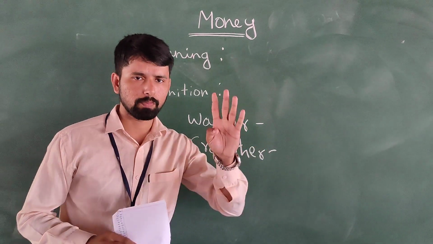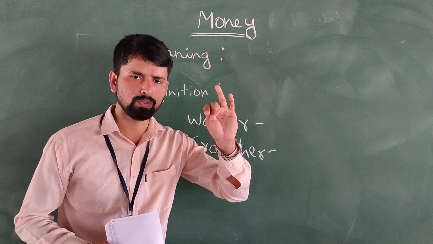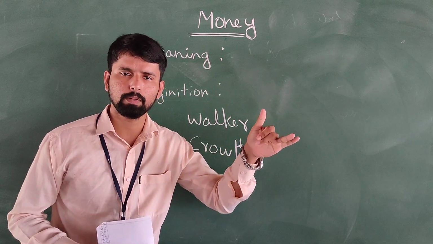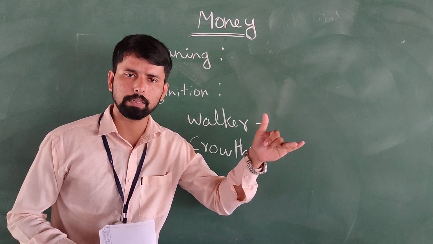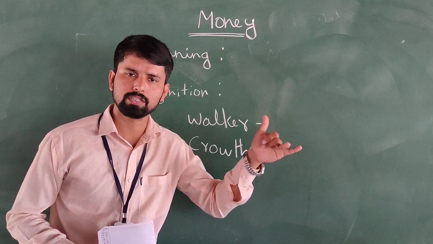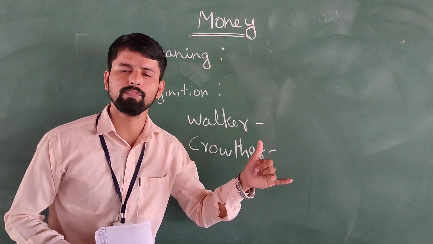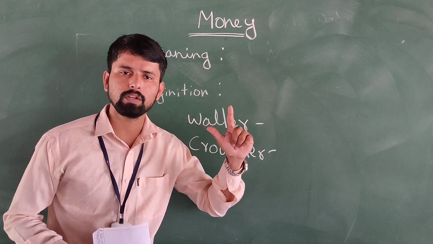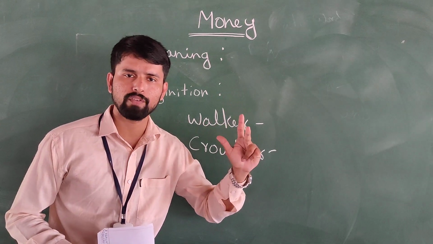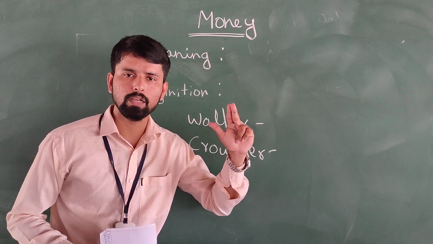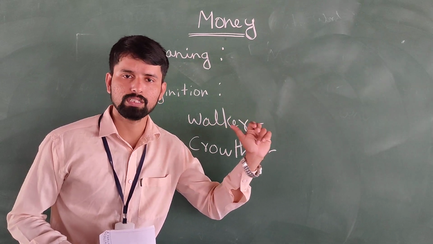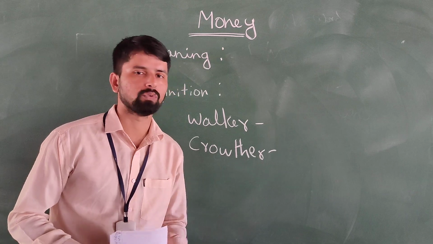These are the primary functions of money. General acceptance means accepted by all the people in their transactions to exchange goods and services, as well as repayment of debt. Measure of value means measurement of the value of the commodity, and store of value means storing of money with stable value. So that is the definition by Crowther.